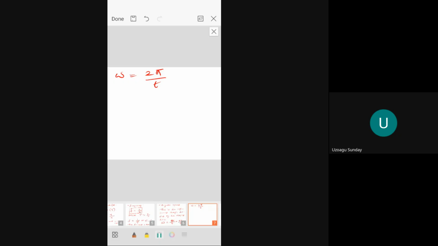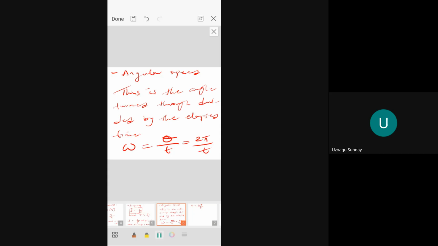Now, I want us to also know that this theta, just like I wrote here, remember I initially wrote that angular velocity, angular speed is equal to theta over t, where theta is the angular distance, and also we can express this as 2 pi over t.